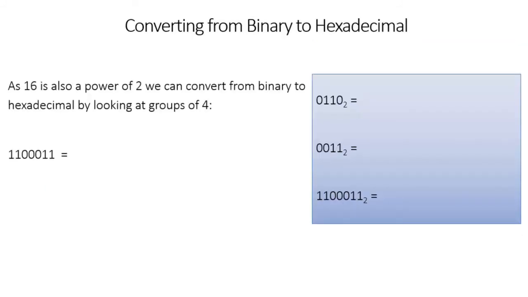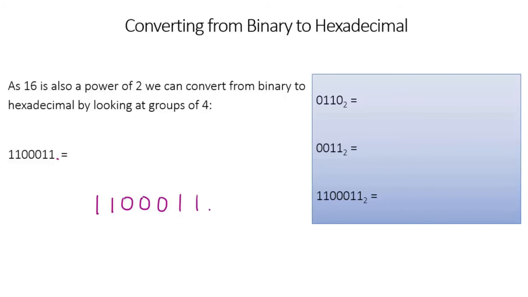Now to convert to hexadecimal, I simply need to take my binary number and group the digits in groups of 4. In other words, I'm going to make groupings of 4 bits. Again, I'm going to situate the radix point, and this number, again, I'm going to start by writing it from right to left. So I have 1, 1, 0, 0, 0, 1, 1.